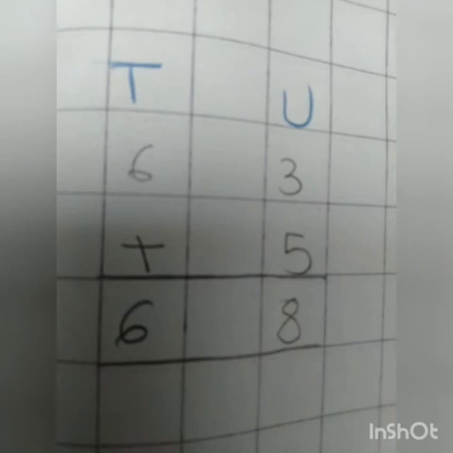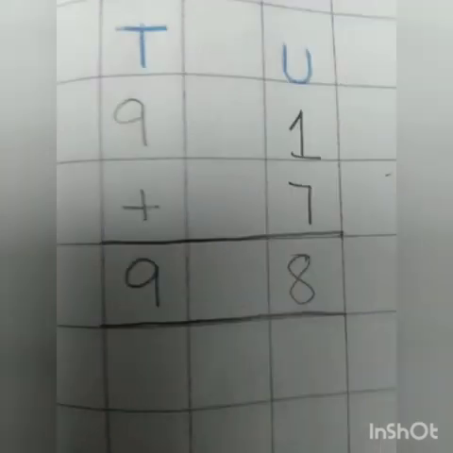Good. Now look at alphabet E. Now what do we have to add? We have to add 91 plus 7. First of all, we'll add units together. 7 plus 1 is 8.